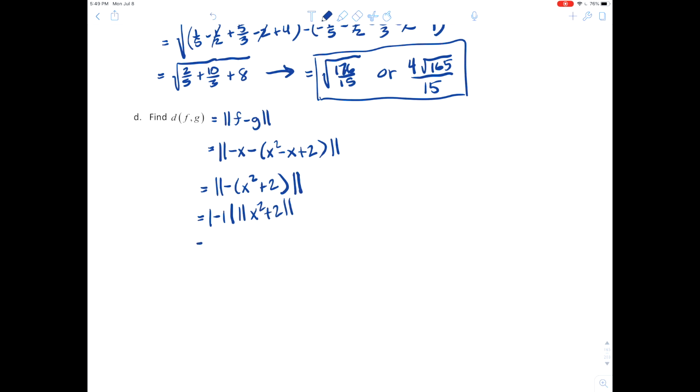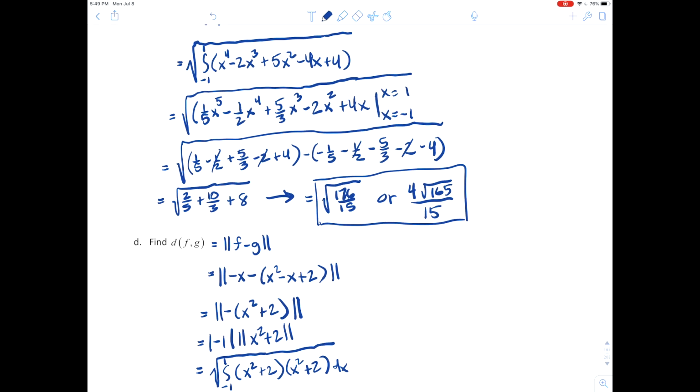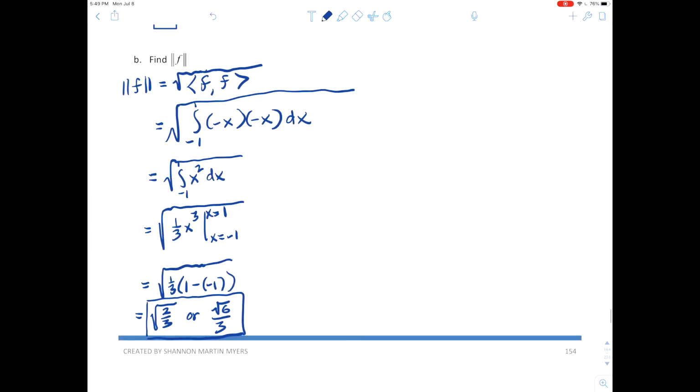And that's just the magnitude of x squared plus 2, which is the integral from -1 to 1 of x squared plus 2 times x squared plus 2 with respect to x. Hopefully, I forgot that up here, my bad. Good.